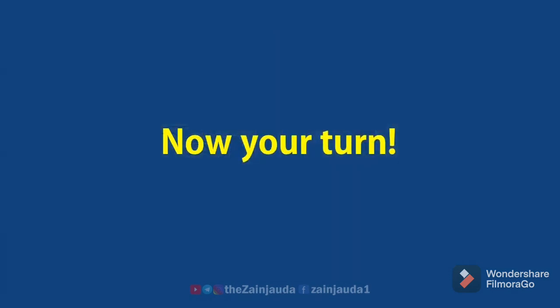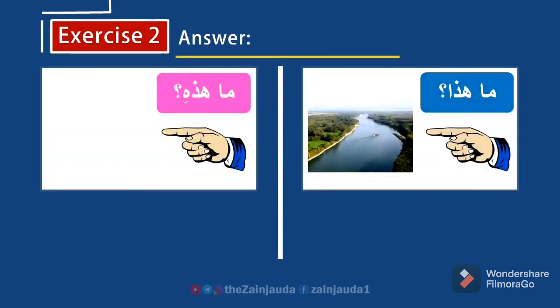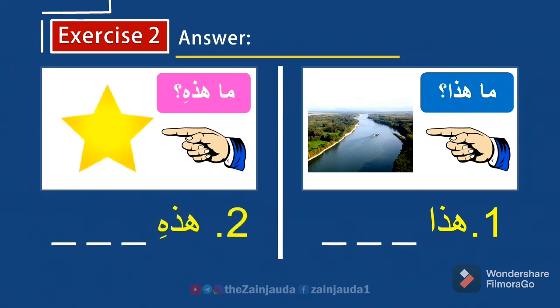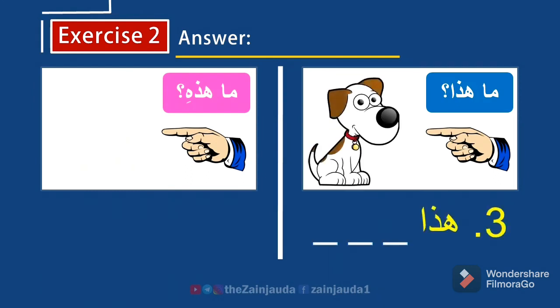Now your turn. Please try to answer the following. Number 1 is for masculine and number 2 is for a feminine thing. Number 1: ما هذا. Number 2: ما هذه. Number 3: ما هذا.